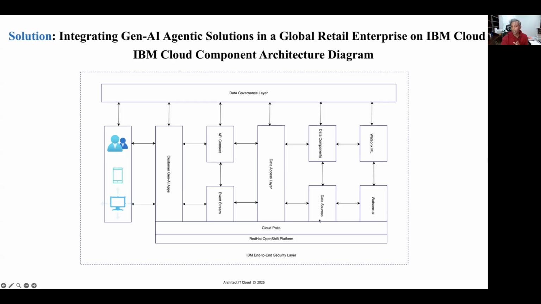Here the data storage, data curation, everything happens, and the finalized curated data will be sent to the generative AI model, and that model will analyze the particular data and give you the right efficient activity to serve your customer better. And if you look at the top, this component is the data governance component, wherein you can use this data governance layer for monitoring and governing your data across the flow. That is very important.